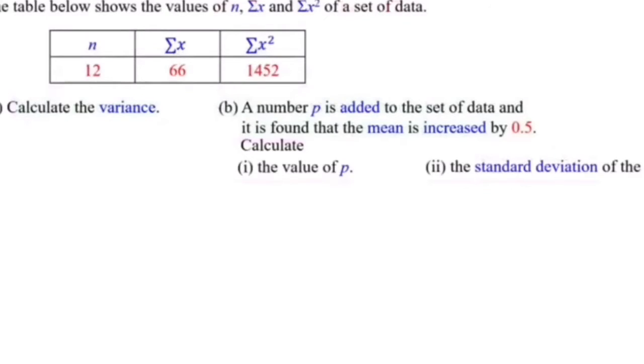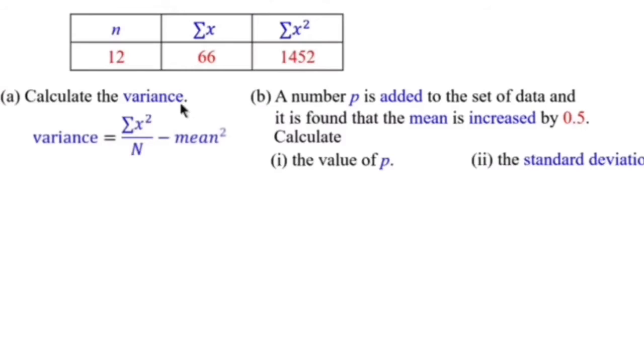Hi students, so have you tried the question? Let's discuss. The table below shows the value of n, sum of x and sum of x squared. All the information is given in the table. So first step, write the formula for variance. Then we substitute the information from the table into the formula.